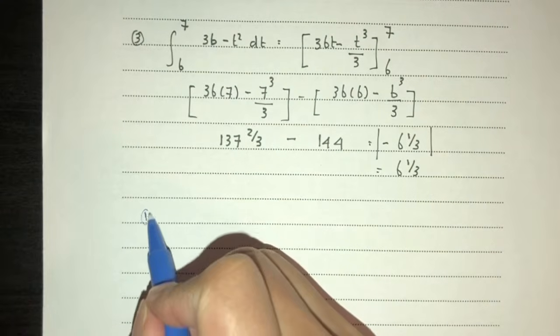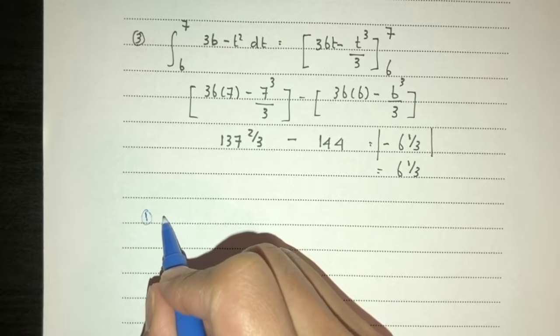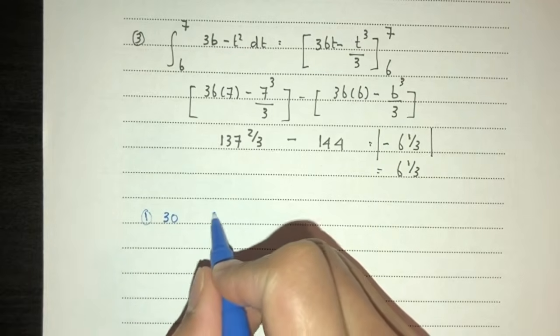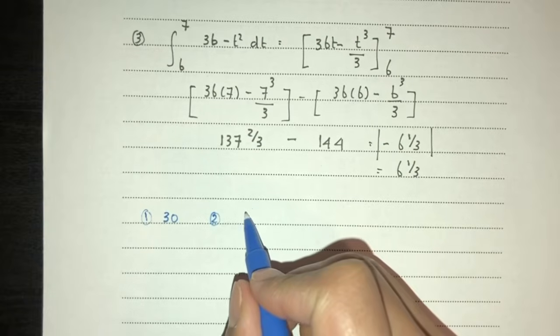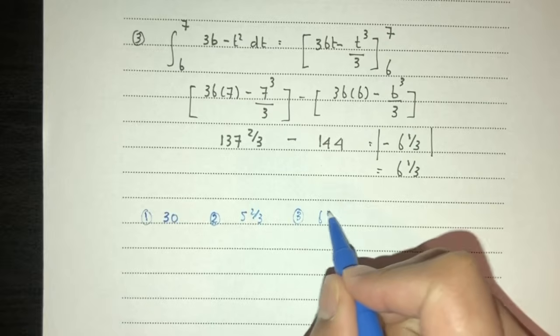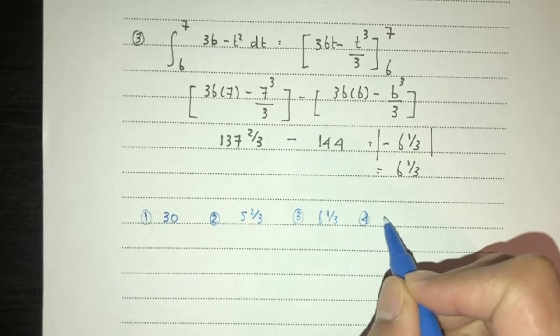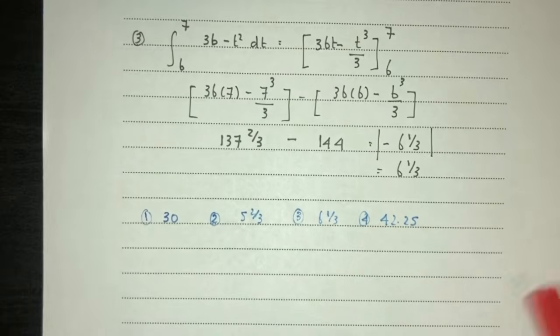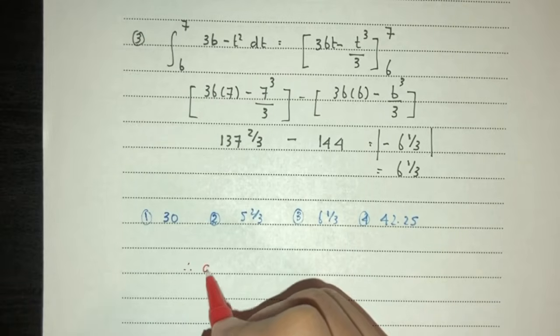Number 1, we have seen, was given by 30. Number 2 is given by 5 2/3. Number 3 is 6 1/3, and number 4 is 42.25. So finally, the distance traveled is found by adding everything together.